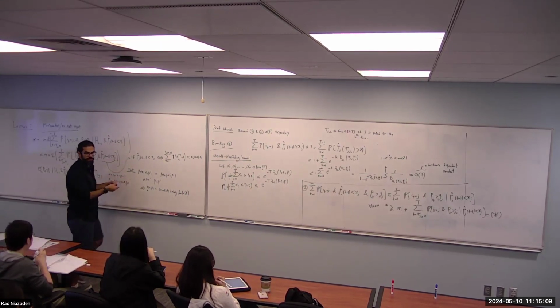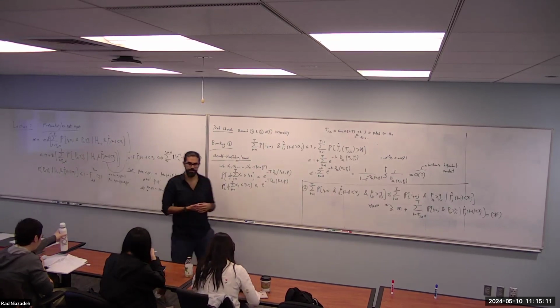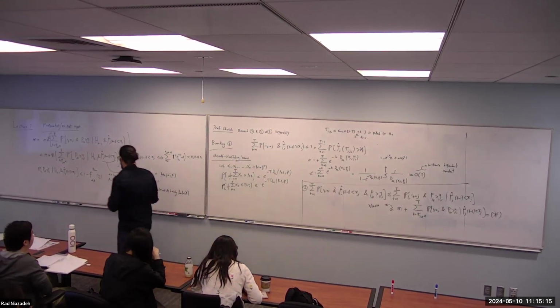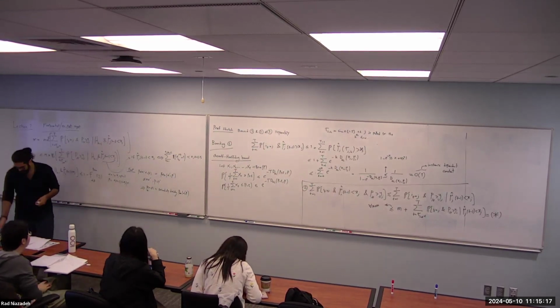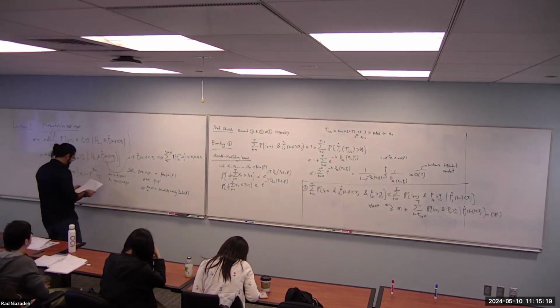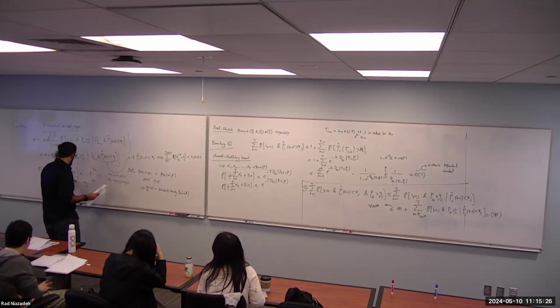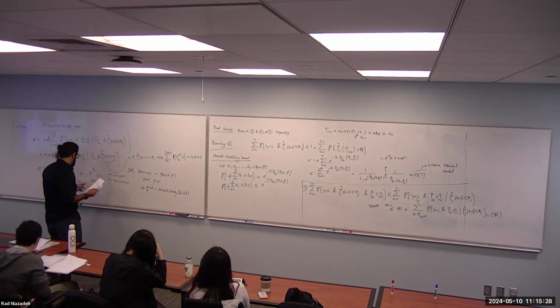In terms of first order stochastic dominance, yes. I'm going to use the other fact that I showed at the beginning about the connection between binomial and beta.